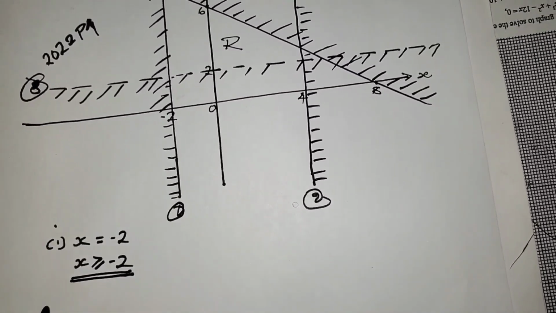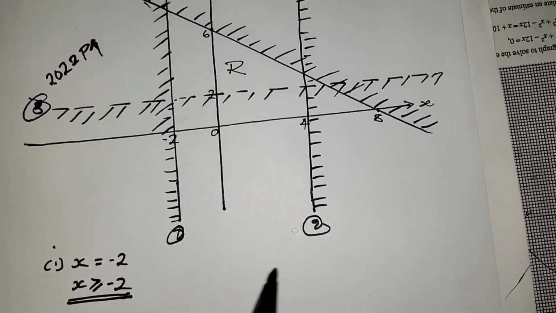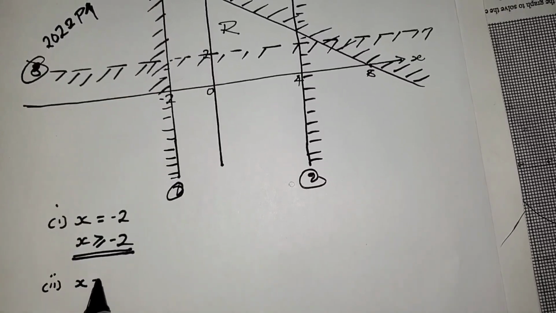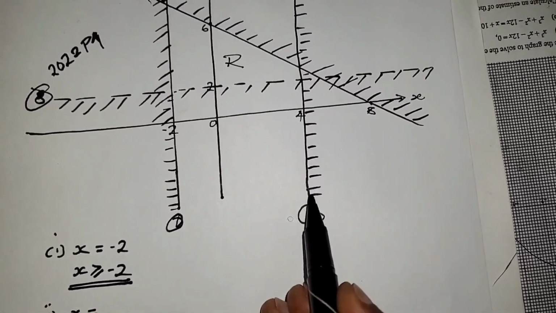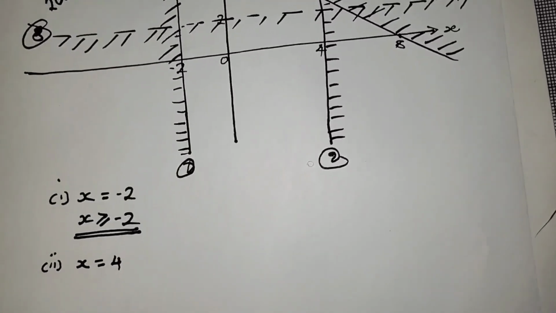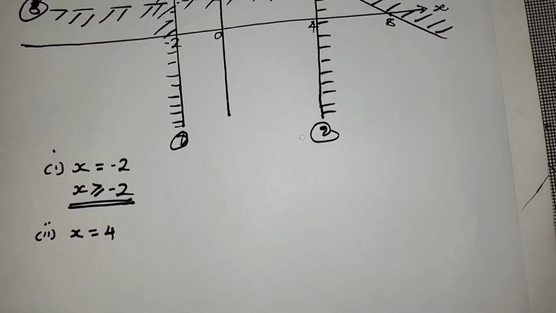Alright, the second one is as simple as this. The line is cutting at 4, so x is equal to 4.